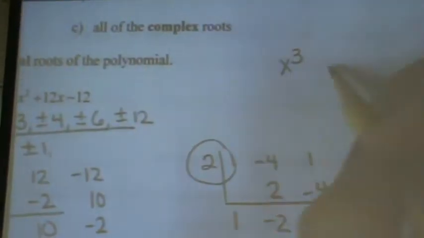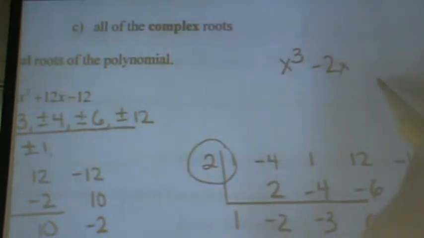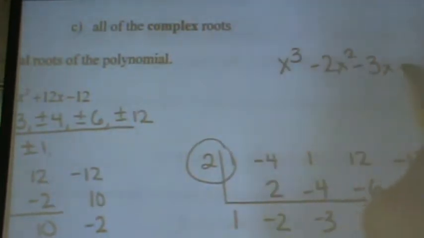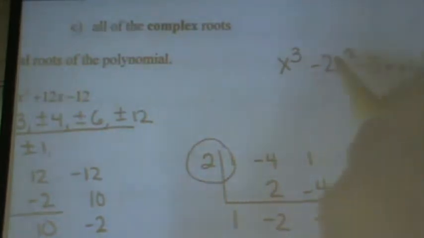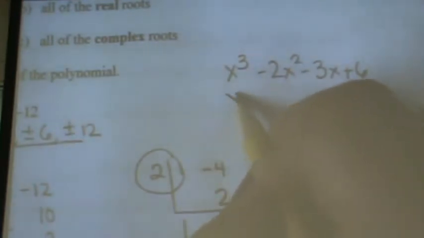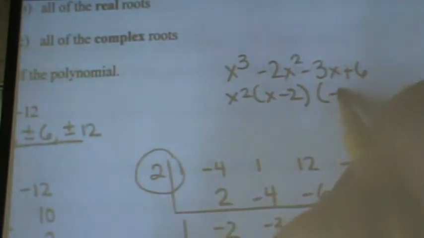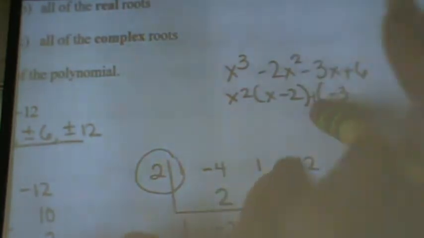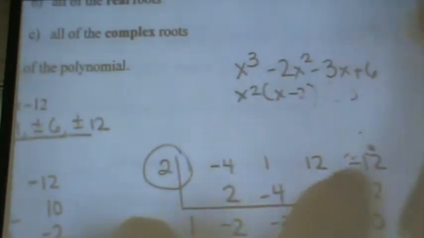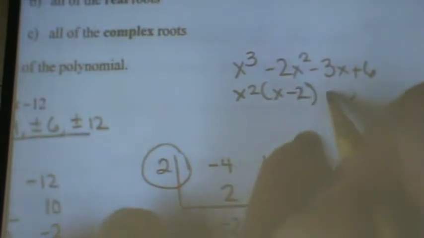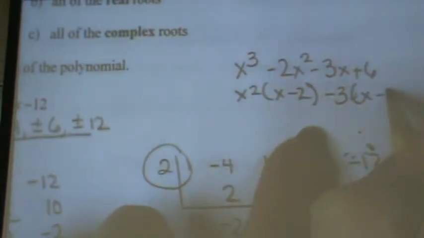What's left here is x cubed minus 2x squared minus 3x plus 6. Now you could keep going, but this is factorable by grouping. If you pulled out an x squared, you're left with x minus 2. And if you pull out a -3, you're left with x minus 2.